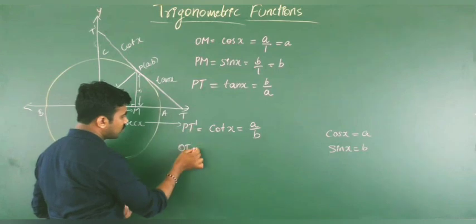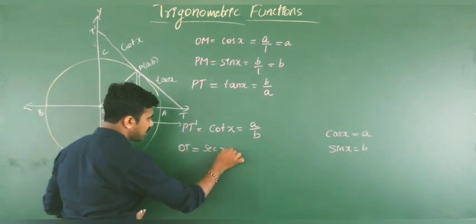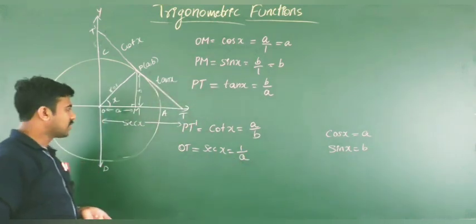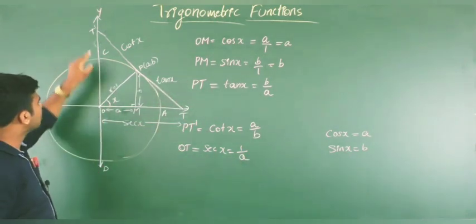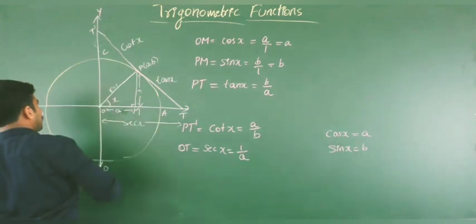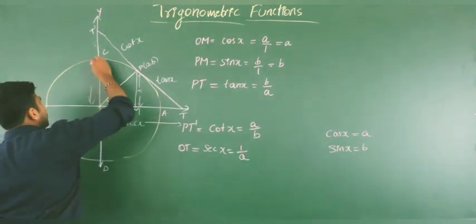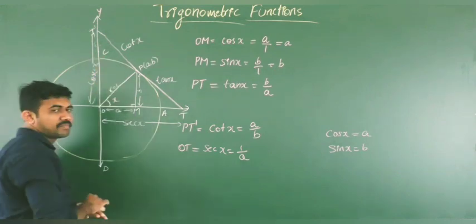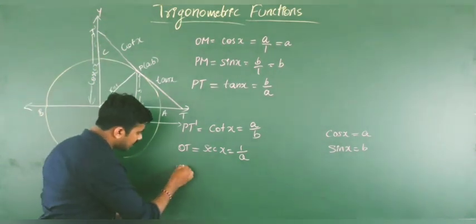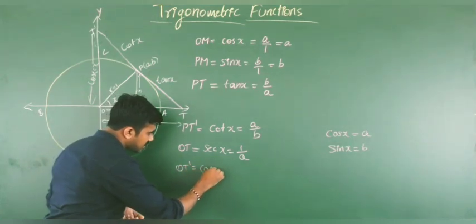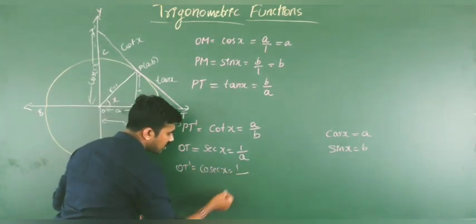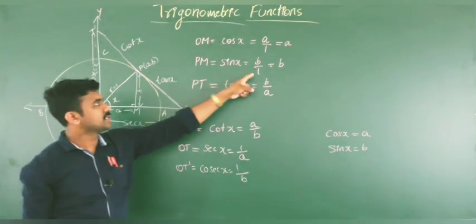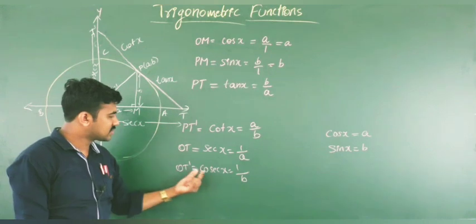OT is secant x, the reciprocal of cos x, 1 by A. Similarly, the length from O to T dash is equal to cosecant x, the reciprocal of B, 1 by B, the reciprocal of sin x. B is sin x, so 1 by B is cosecant x.